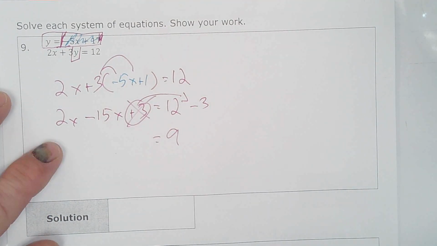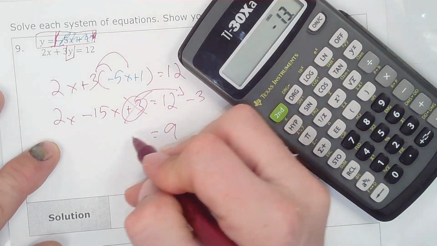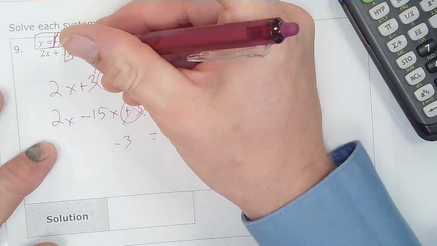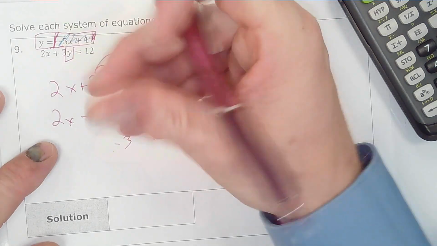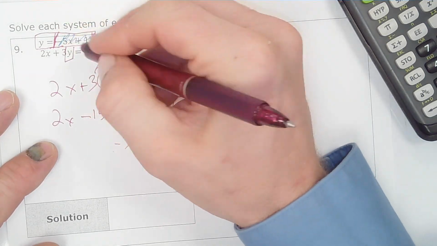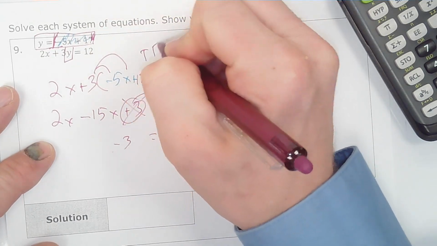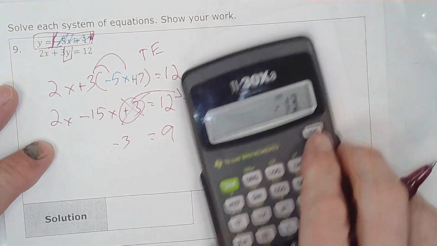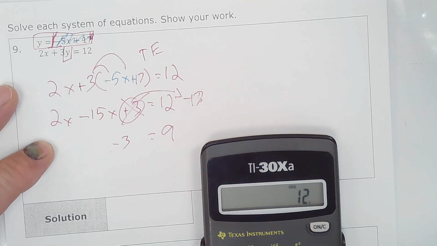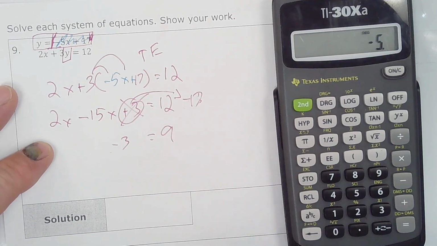And then I'm going to get 2 minus 15. 2 minus 15 is negative 13. Wait a minute. It should be 3 times 5. This is a 17. Sorry about that. That was a transcription error. So this should have been minus 17. Sorry about that. So this is 12 minus 17 is negative 5.